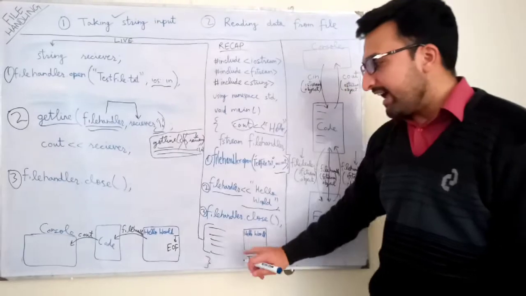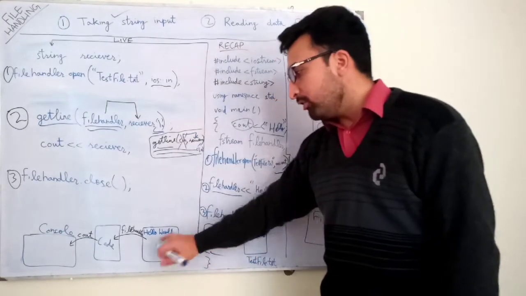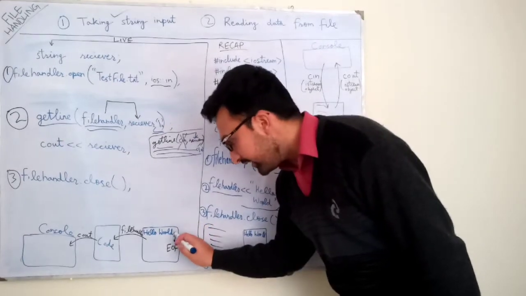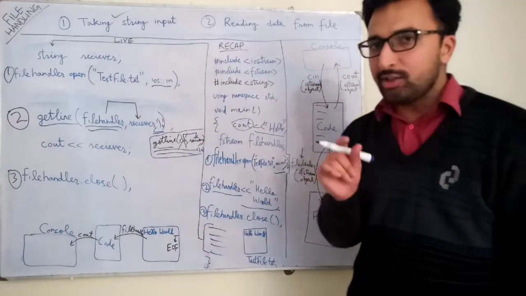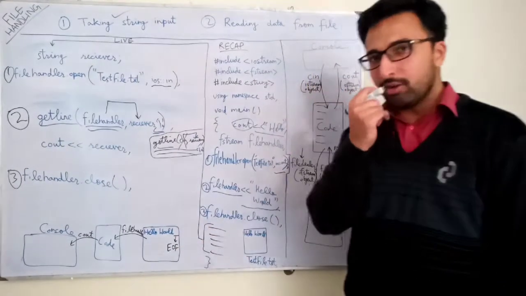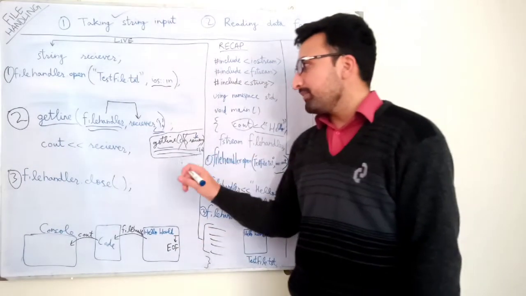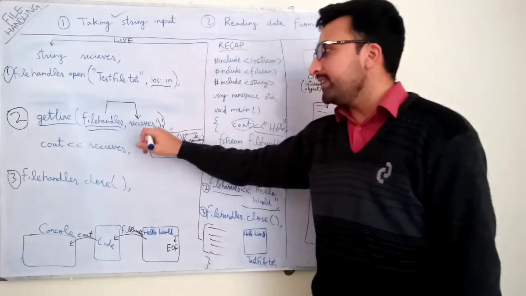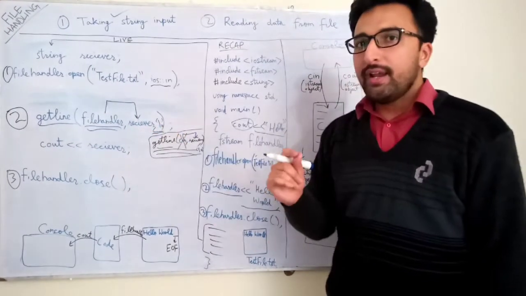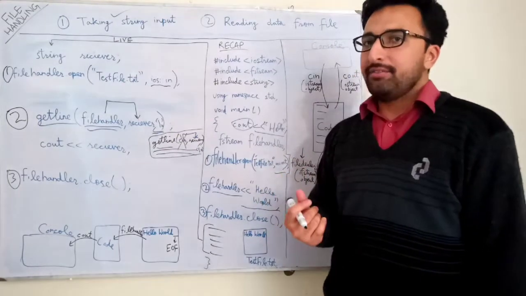For example, if we have written hello world, it means that there is another thing after hello world, that is basically the end of file. That thing is known as EOF, end of file. So this function reads until the delimiter arrives, and here the delimiter was \n, or until the end of file arrives.